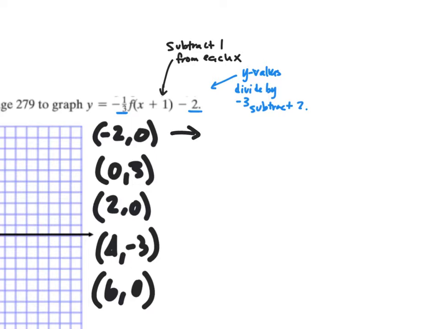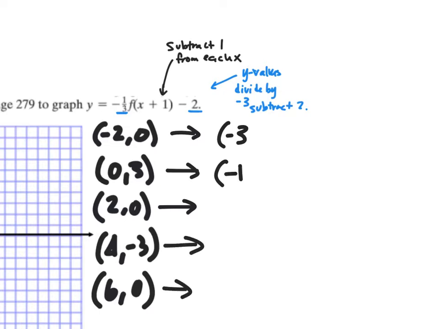So let's do this. For the x values, subtract 1 from each. This is going to give me -3. Let's do that one first because it's a little bit easier. We're going to get -1 for the next point, +1 for this point, 3 for that point, and then 5.